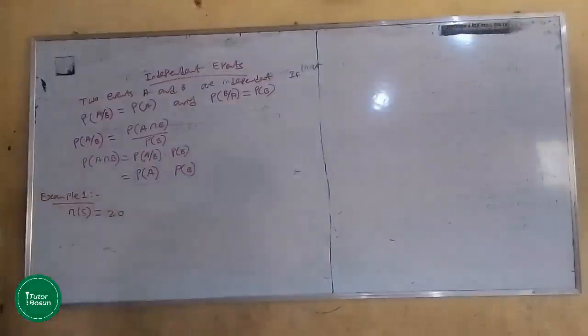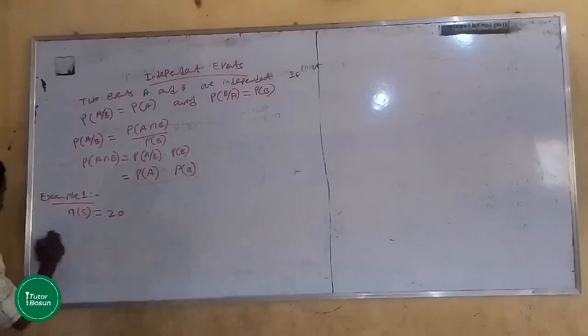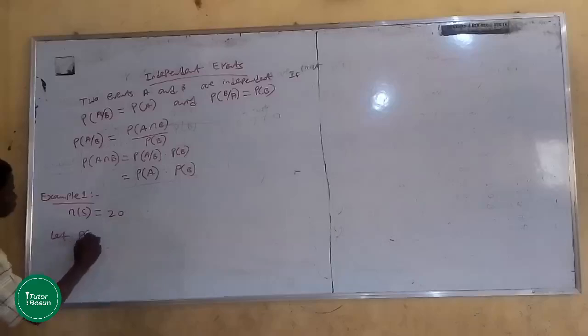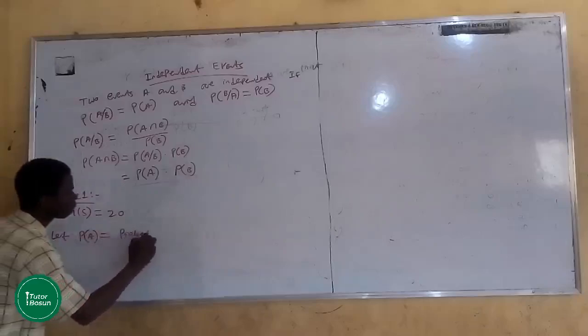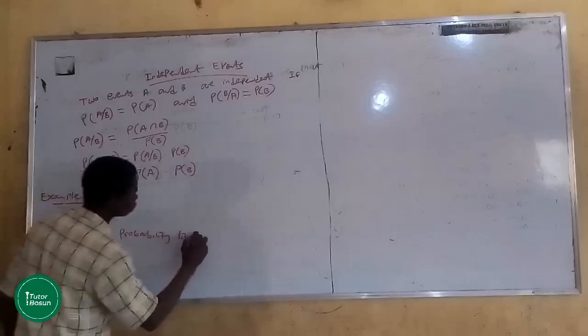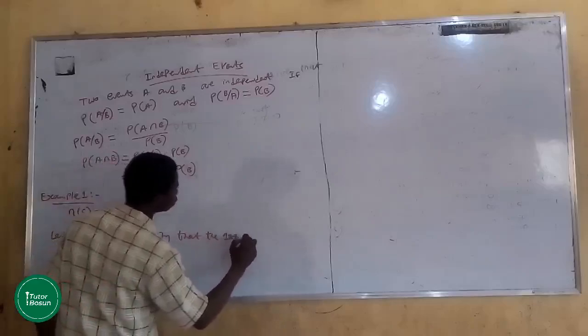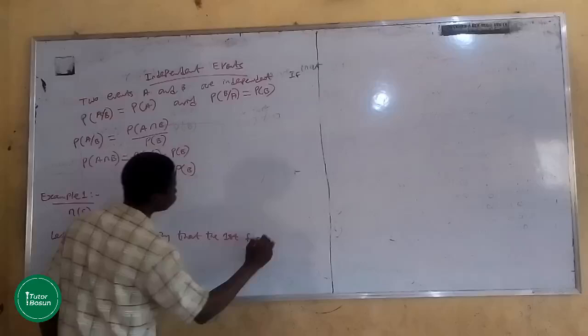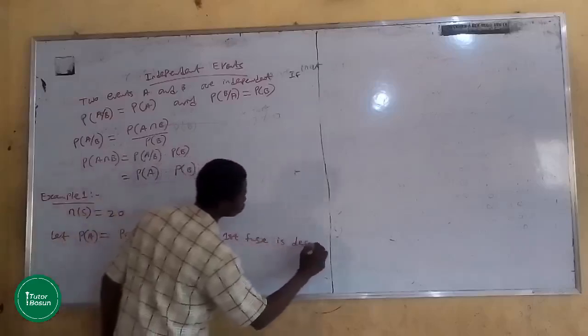So we can let P of A equal the probability that the first fuse is defective.